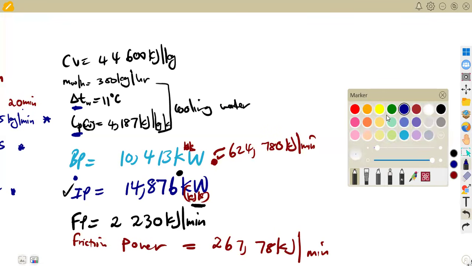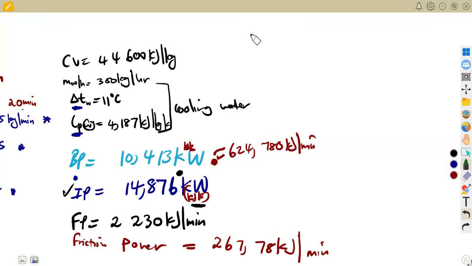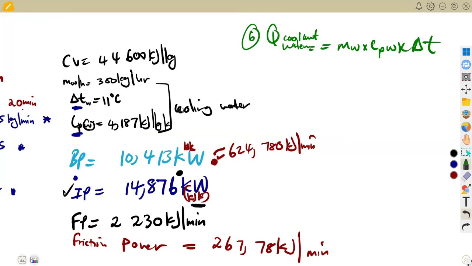The moment we have the specific heat capacity, our Q for the coolant, which is Q water, is going to be equal to the mass of water times the specific heat capacity of water times the temperature rise, which is the change in temperature.